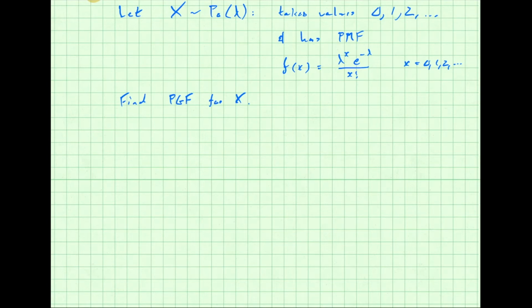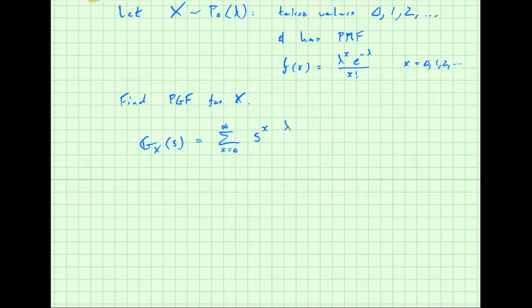So let's just look at the definition. The probability generating function is the following. It's the sum as little x equals 0 to infinity of little s to the power little x times the probability mass function evaluated at x.